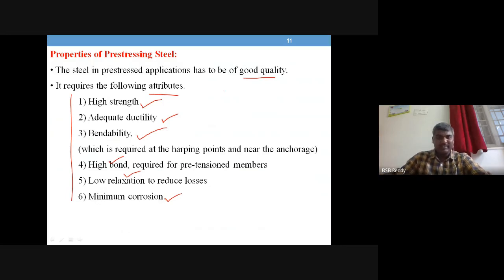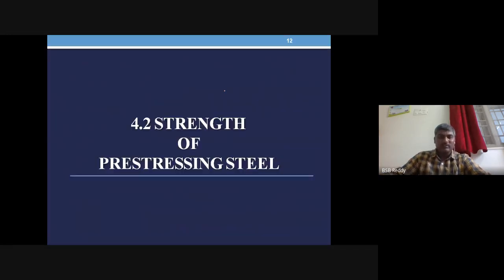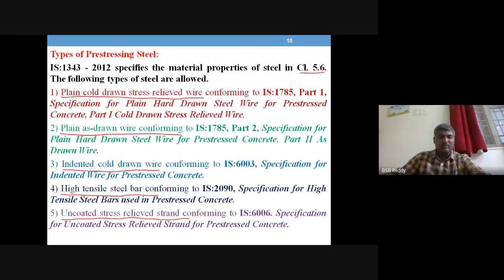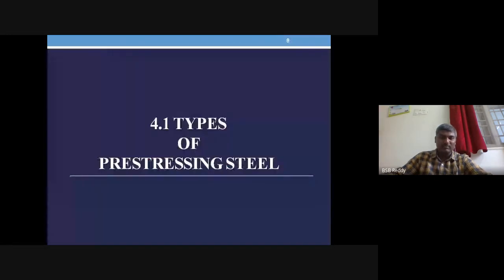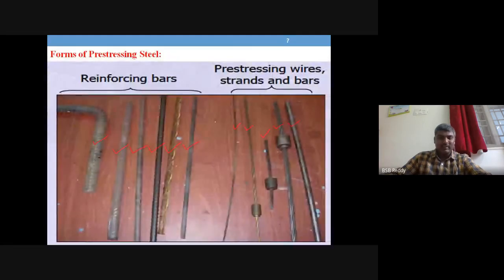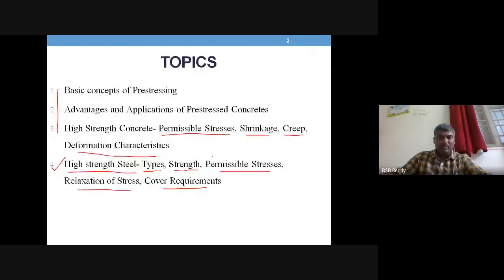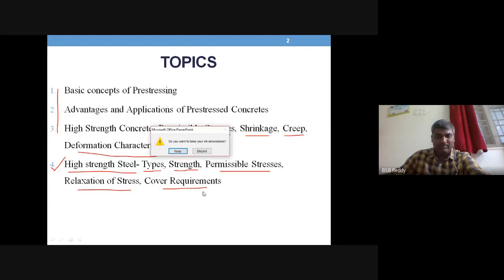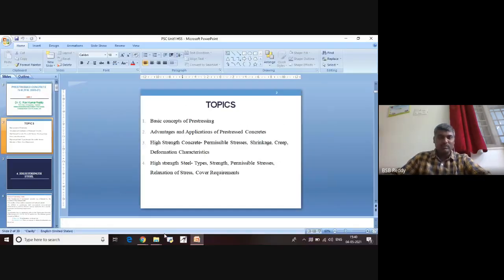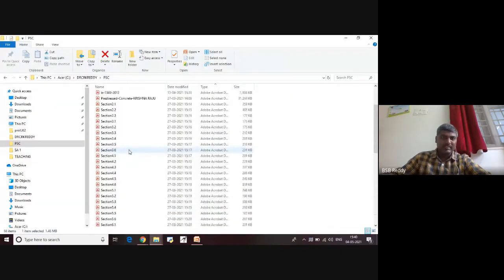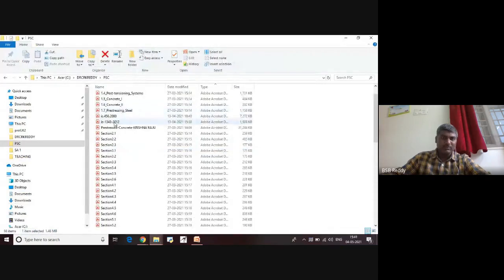Okay, so this is the introductory content about high strength steel, what types of steels are available, what forms are available, and how the IS code gives you the different forms of steel, which I'll show you.